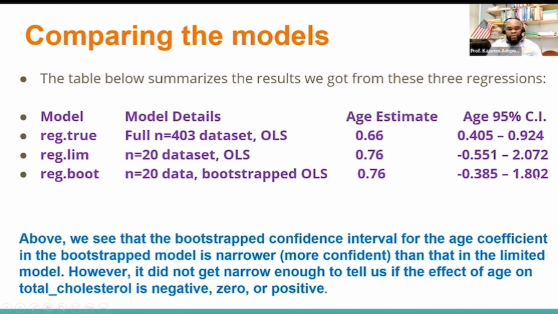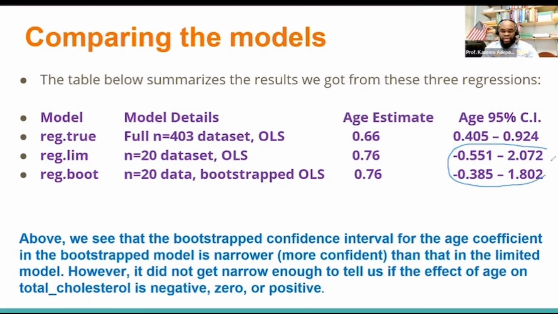Now, of course, in the sample data and in the bootstrap data, age is not significant, but there's something I wanted to pay attention to. When you compare the range here, you're basically going to see that we have more confidence with the bootstrap, because the interval here is very close.